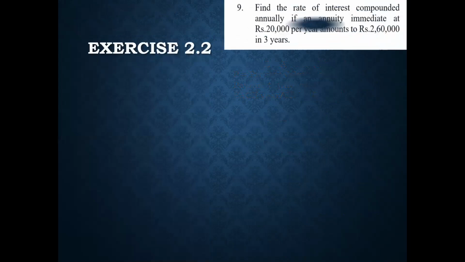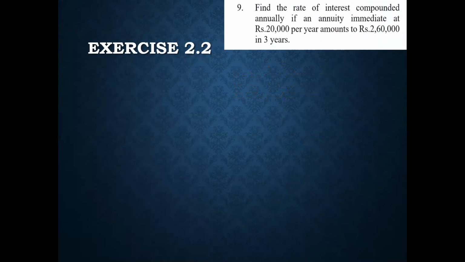So continuing with our exercise 2.2 and the sums. Yesterday we finished sums 1 to 8. Continuing forward, again today our focus will be only on annuity immediate.